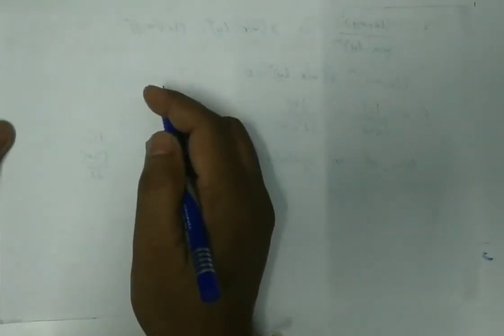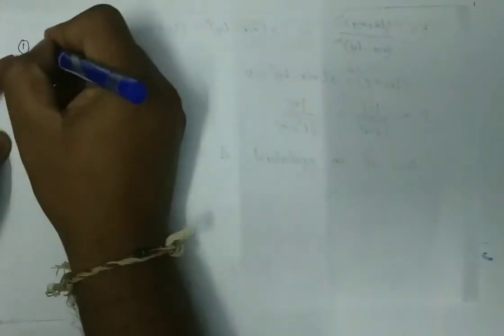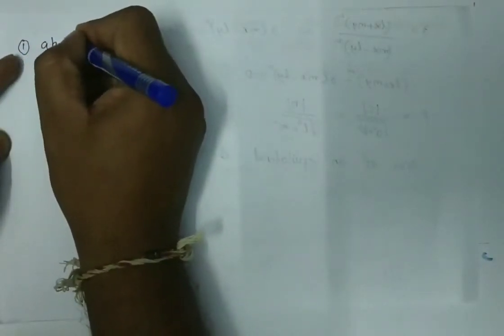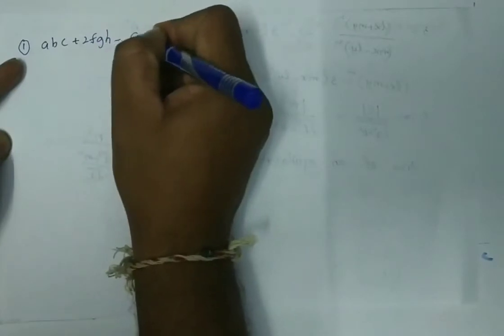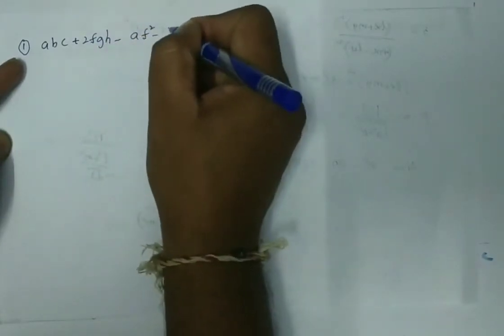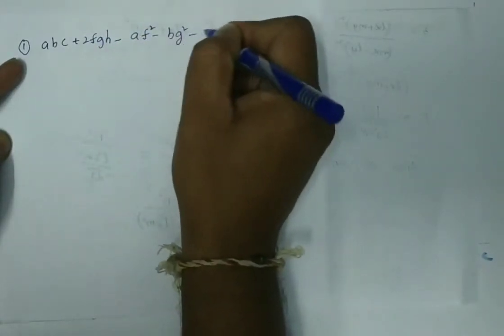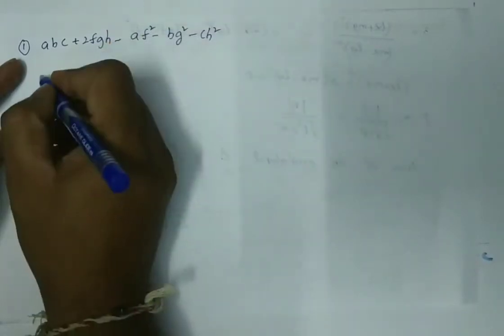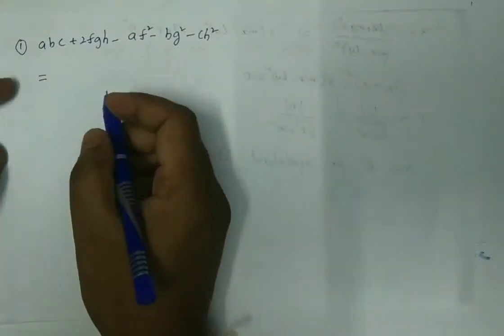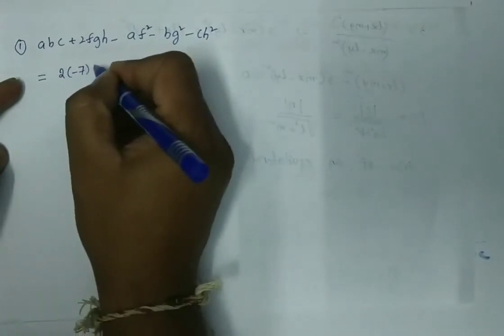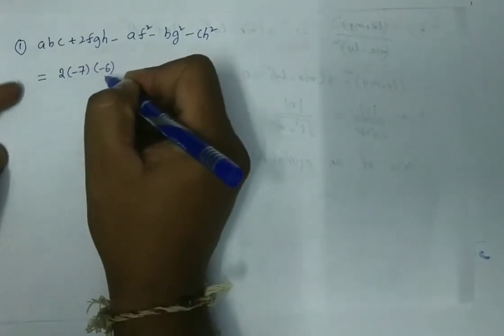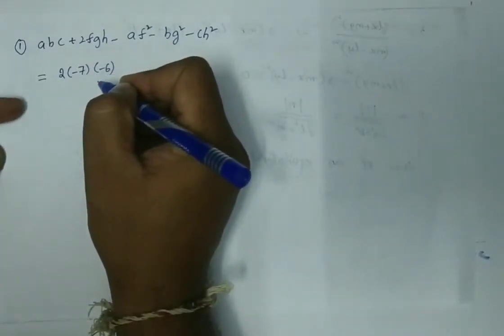First, we have to find condition 1, that is abc plus 2fgh minus af square minus bg square minus ch square. Here a is 2, b is minus 7, c is minus 6. That means we substitute all these values here.